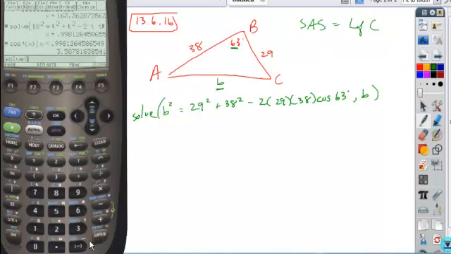Okay, so we can use the solve feature, F2 algebra tab, type in what we want. I'm going to use x instead of b just to make it easier.